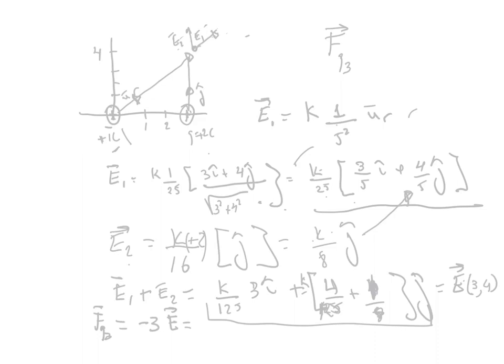And E2 is K times the charge divided by the distance squared, 4 squared, 16, in the j direction from the source, K over 8 j. Maybe I made some mistake, but you correct it, and you have to prove to me, or to yourself, that this method is exactly the same method that we used when calculating F on Q3, like F on Q3 due to Q1 plus F on Q3 due to Q2. It's the same method, the same result.